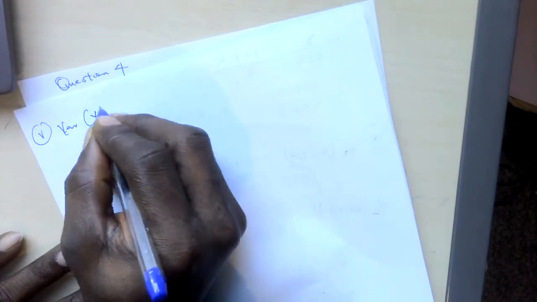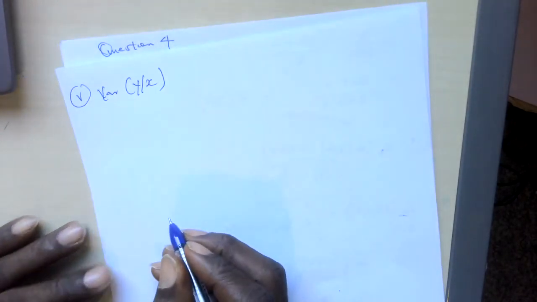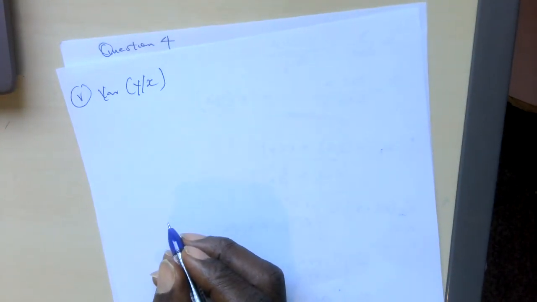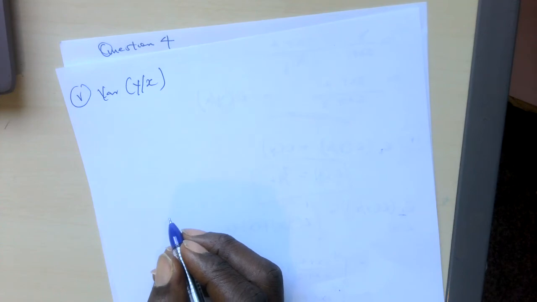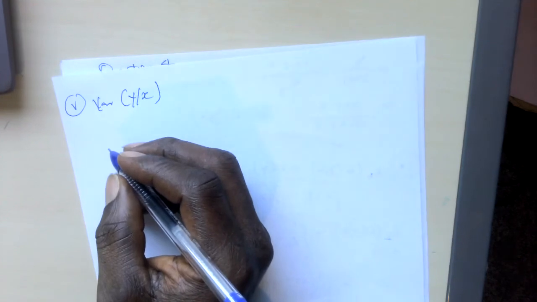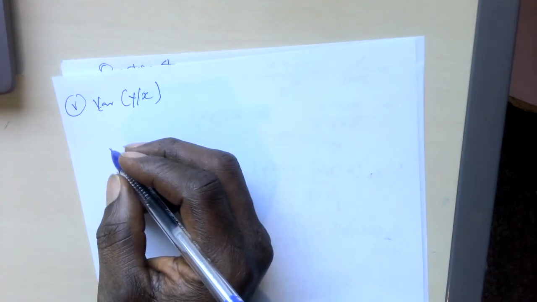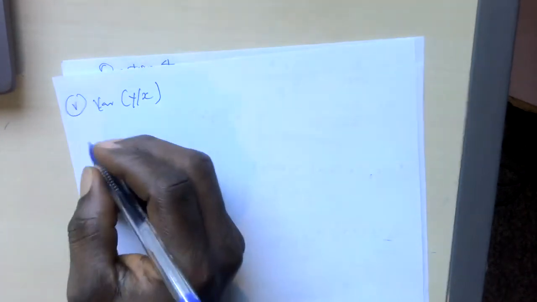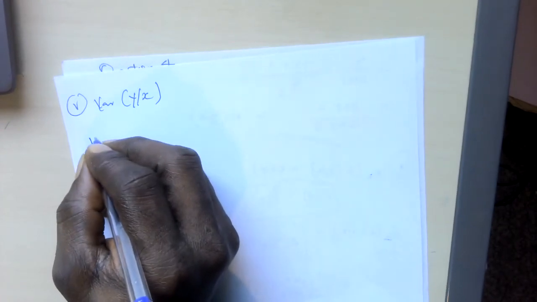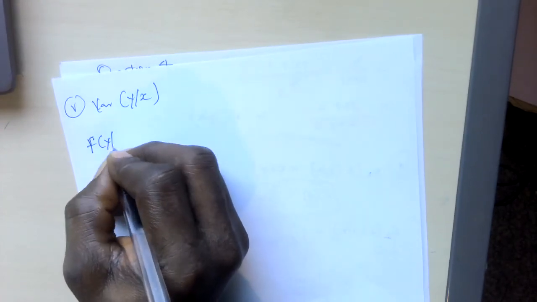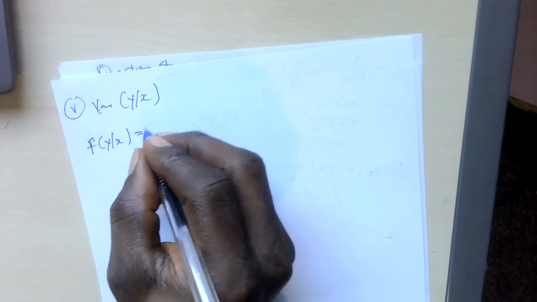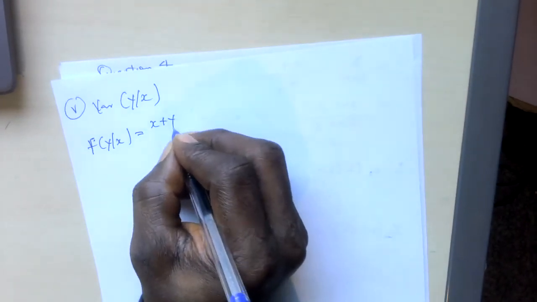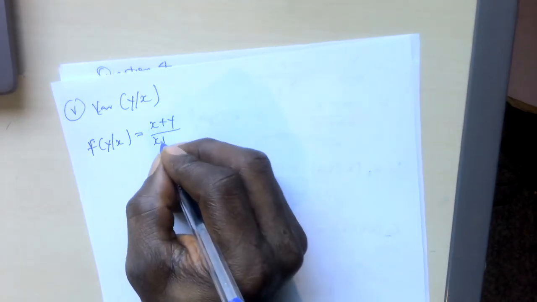V part now, find the variance of y given x. We know that our f of y given x was x plus y over x plus half.